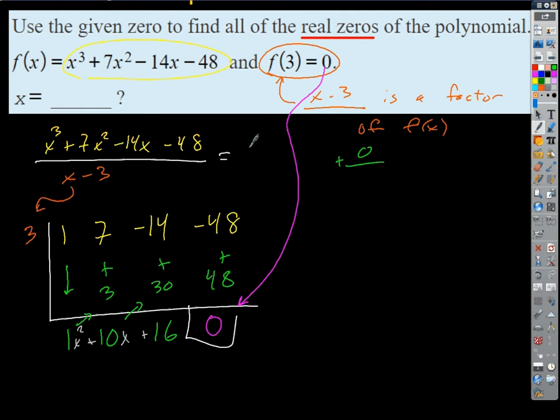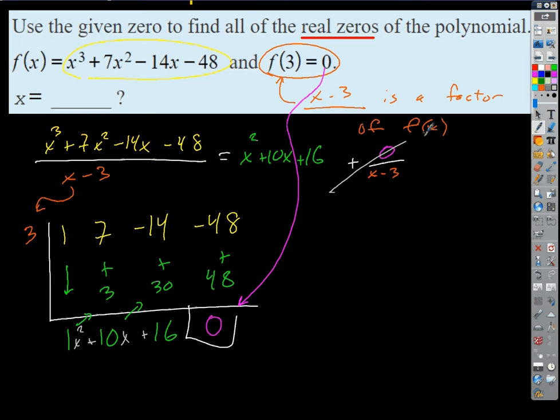So then I'm getting back x squared plus 10x plus 16 plus, I didn't need to write this, but I know I've got 0 remainder over x minus 3. I don't even need that though, do I? That just all goes away, right? So then what's that tell me?